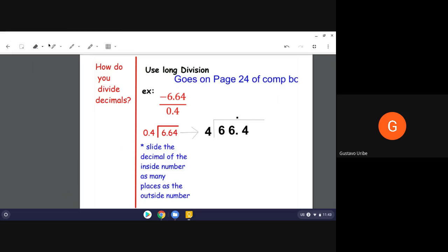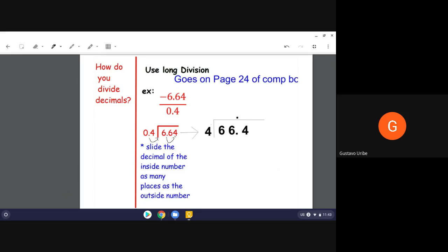So in this case, we're going to move it by 1 place so that it's at the edge of the number. And I'm going to do the same thing for this one. So whatever you do to the outside, you're going to have to do to the inside. So now that I moved this decimal over, the 4 really has a decimal there, but we don't express it anymore. And because I moved this decimal one place value over, now it's a 66.4.